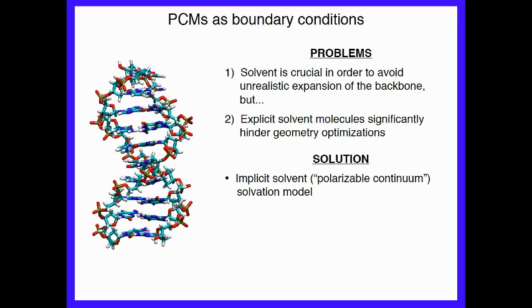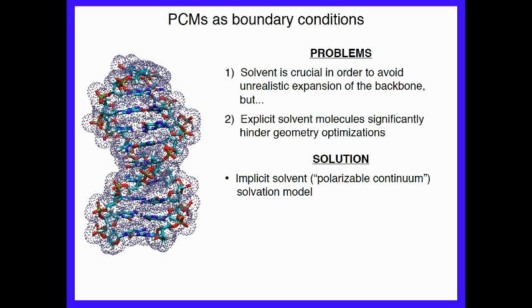And so in this particular example, I absolutely need some sort of a high dielectric solvent simply to screen the charges between the negatively charged phosphate groups on the backbone. And so actually, this is how my group got into wanting to code up continuum solvation models to put in Q-Chem.